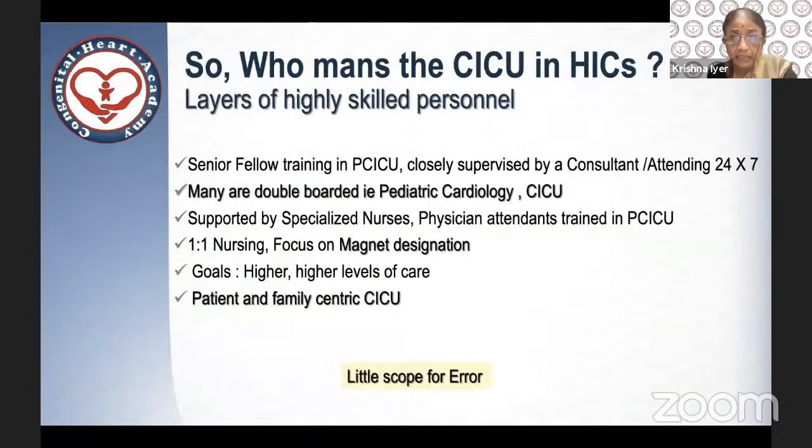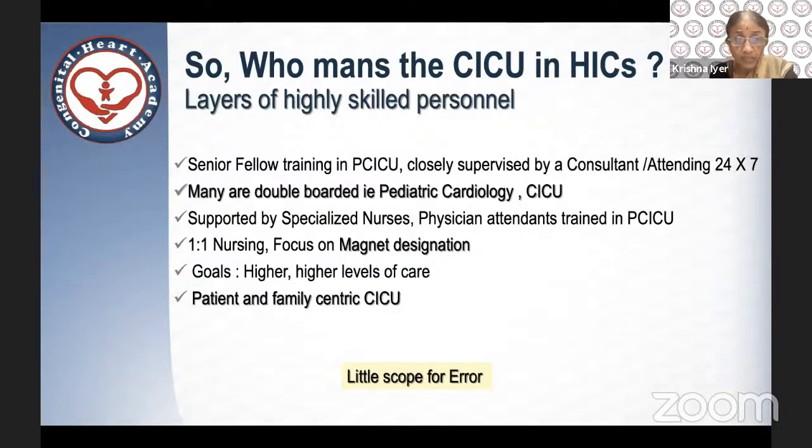So who mans the CICU in high-income countries? There are layers and layers of highly skilled personnel. I was told that there is very often a senior fellow training in pediatric cardiac intensive care, closely supervised by a consultant or an attending 24/7. Many are double boarded, that is, they have training both in pediatric cardiology as well as in intensive care.